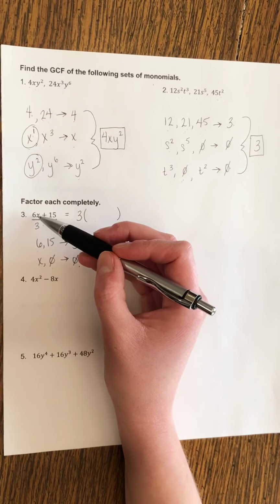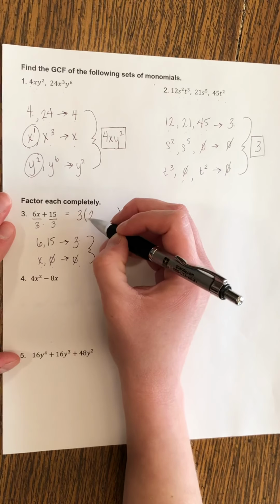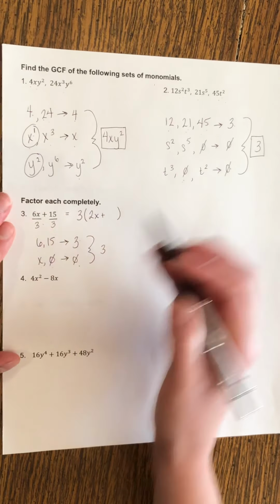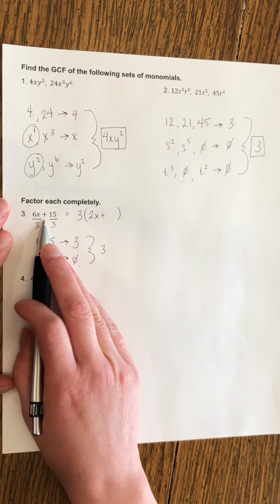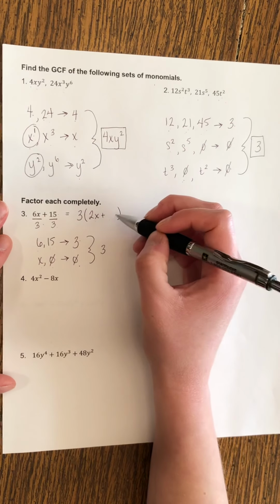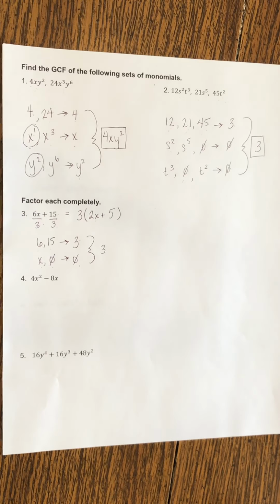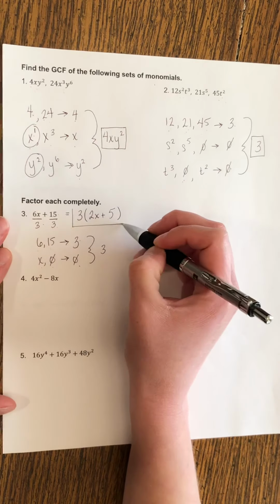So if I divide 6x by 3, 6 divided by 3 is going to give me a 2 with an x on the side. I'm going to put a plus symbol down because that's the symbol I have separating the two terms. And then I'm going to divide 15 by 3, which is going to get me 5. So this will be my final answer.